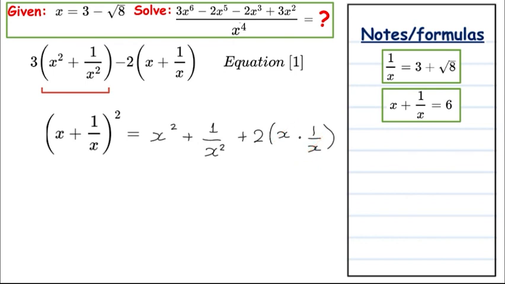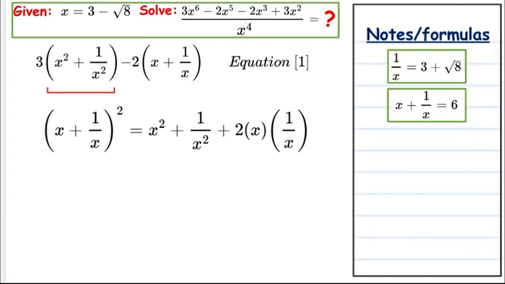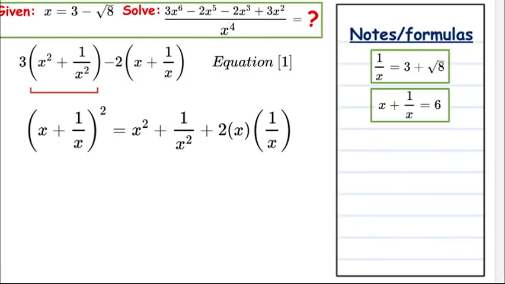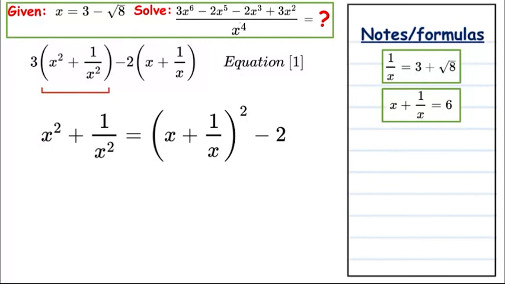So we're going to get x squared plus 1 over x squared plus 2 by 1, and this will give us a 2. So just switch them back and we will get x squared plus 1 over x squared is equal to x plus 1 over x, all squared, minus 2. So now we have the second term.